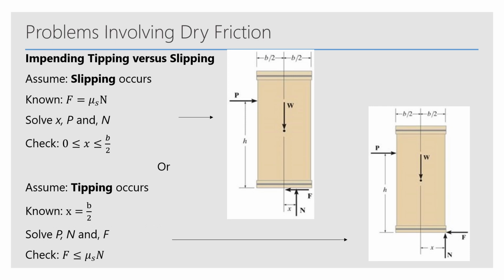For tipping, you flip it around the other way. You assume that the normal force is acting all the way at the end of the object, which is assuming that x is equal to b over 2. And then you solve for P, N, and F. And then you check with your frictional equations to make sure that this is consistent with what you're looking for.